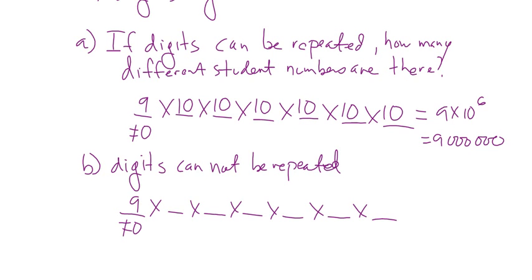So we can't repeat. So we know it can't be 0. So there's 1, 2, 3, 4, 5, 6, 7, 8, 9. Then what happens? Well, you've used one of those, but now 0 comes back into the pool, right? If they're on the numbered balls, we've taken the 0 ball out. We've drawn a ball out, right? That left us with 8. We put the 0 ball back in. We've got 9, and then. Okay, and what does that work out to?